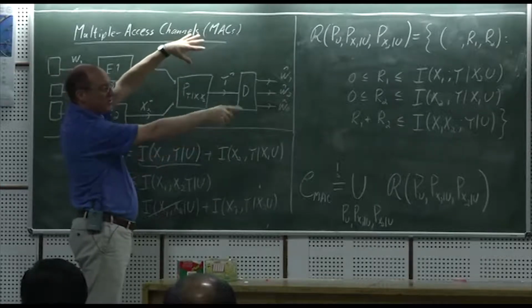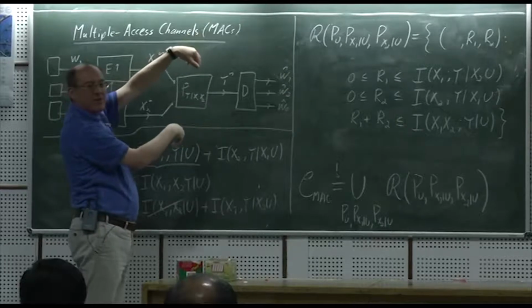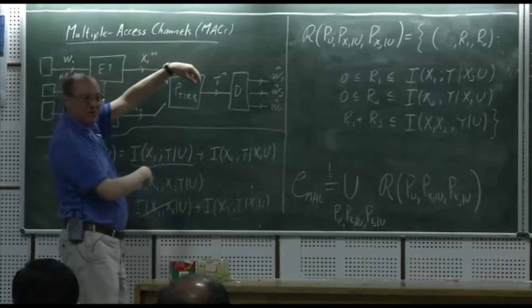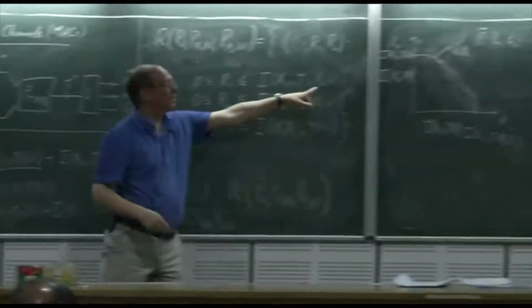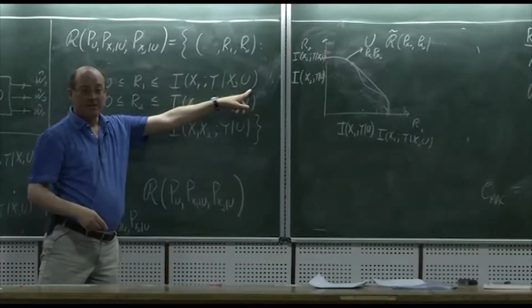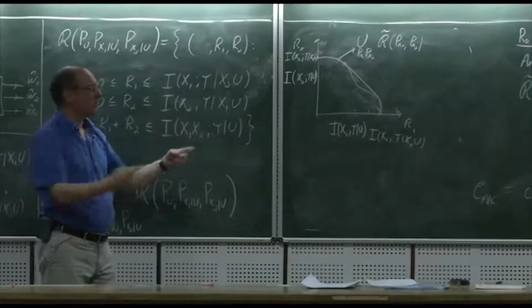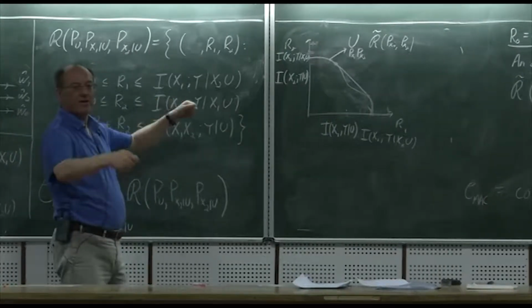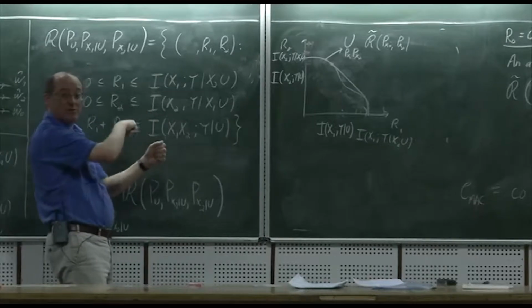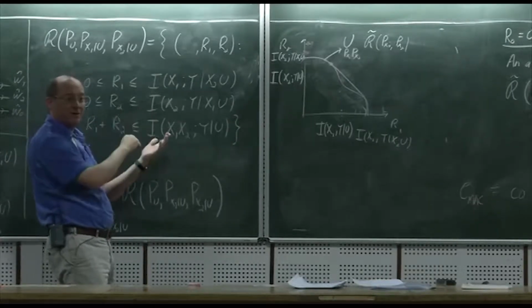Then if you just do this independent stuff, take convex hull, you'll actually get a region that's smaller than the one when you're doing the time sharing inside, because doing it inside here is better than doing it outside. Here we're taking a union and then doing the sharing. Here we're doing the sharing first and then the union, and that turns out to be better in general.